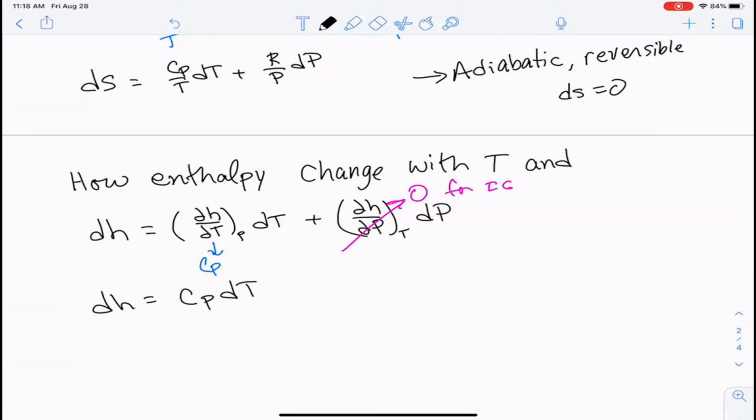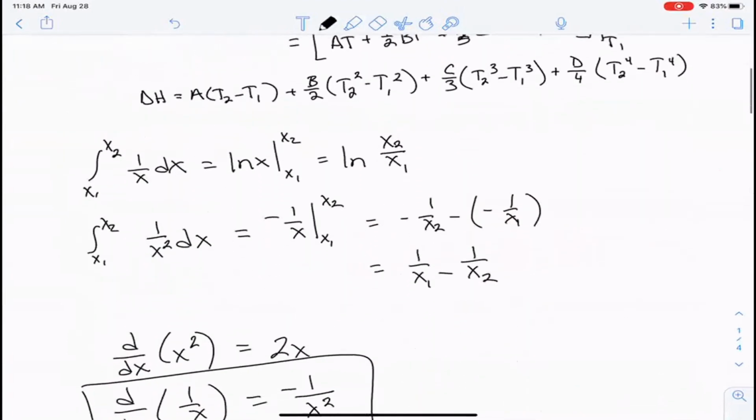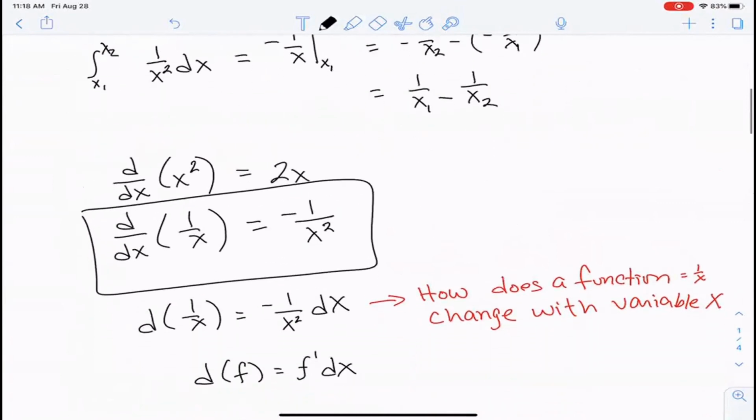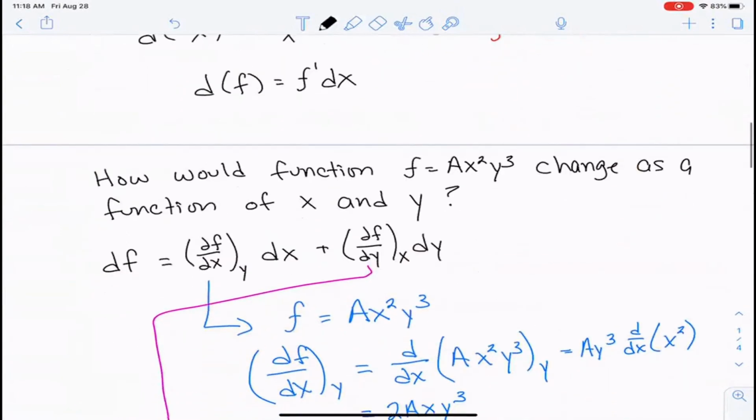So if I just take a second to summarize what we did so far today, and trying not to give you guys whiplash. From an integration perspective, our class, quite frankly, is very straightforward. If you can do polynomial integration, if you can do 1 over x and 1 over x squared, that's pretty much all the integration that you have to know how to do in thermo.